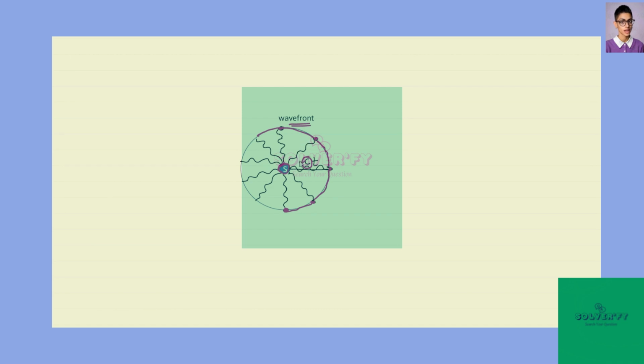As per Huygens principle, every point on this wavefront, suppose here A, B, C, three points, acts like a secondary source of light, emitting light again in all possible directions. If I again take a locus of all these points, I will get a secondary wavelet like this.